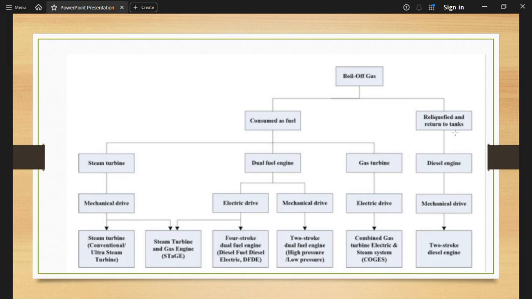The temperature is brought down through the compressor and condenser systems. Then we use it in the diesel engine with mechanical drive, 2-stroke diesel engine. They are stored in the tank, and in those tanks only we do LNG bunkering. Those bunker tanks are also specially designed.